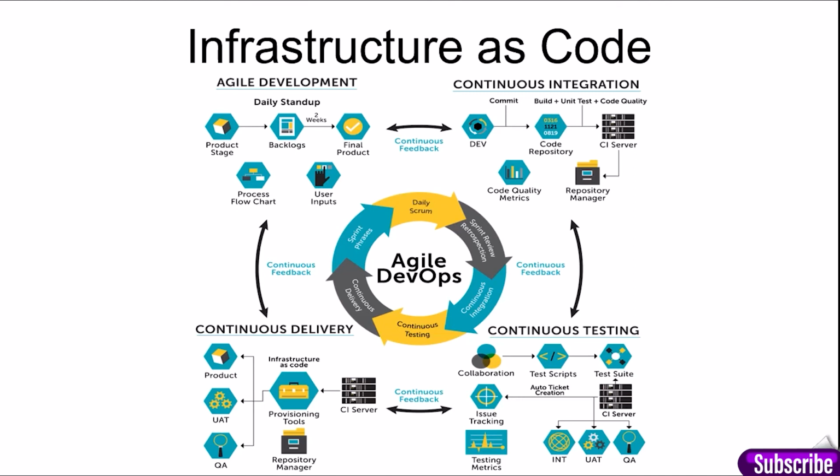So automation is the one thing that we need. In agile development, every day we can write scripts and test them on different servers. It enables agile development, continuous integration, continuous testing, and continuous delivery. If you want, you can pause the video and look into Agile DevOps in practice in detail.